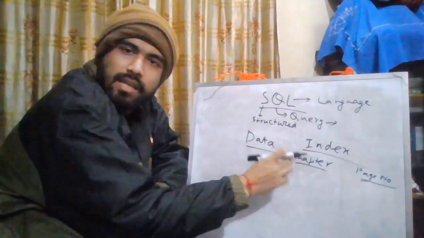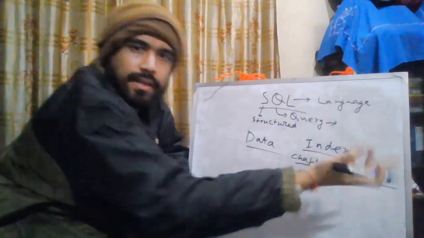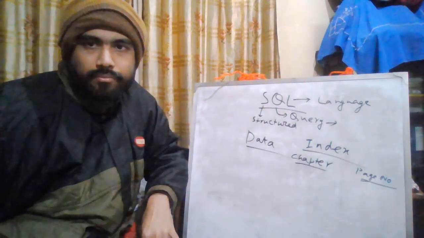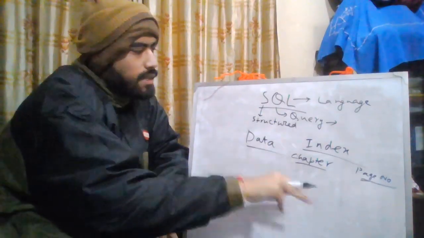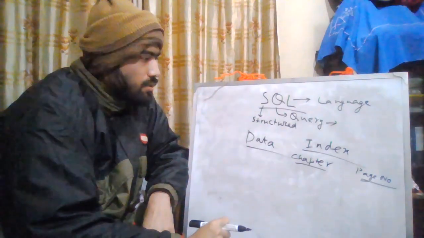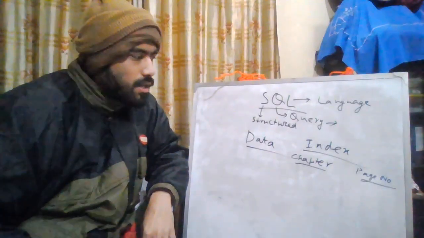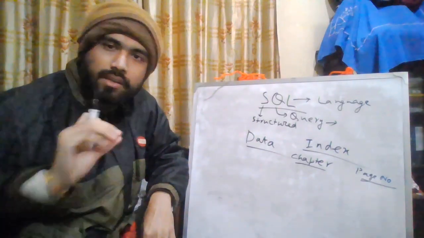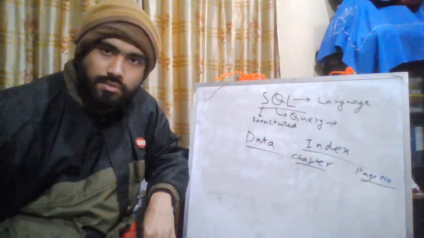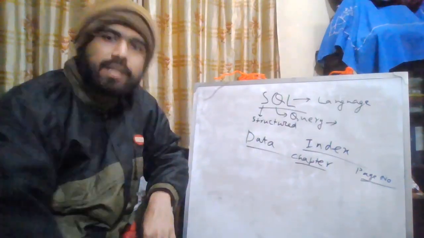So chapter is a column, page number is another column. There are two columns in the index page, and under these columns we have many rows, isn't it?